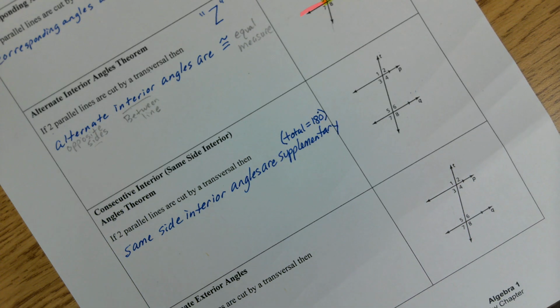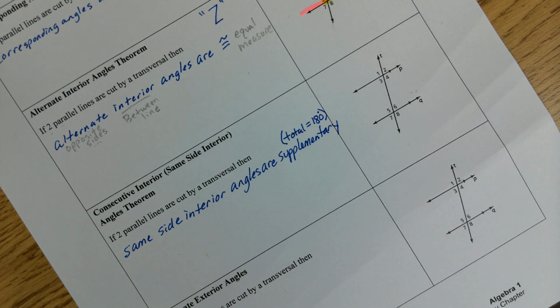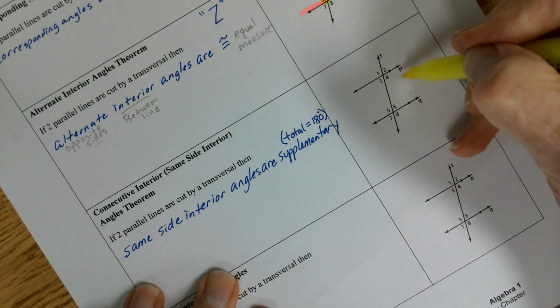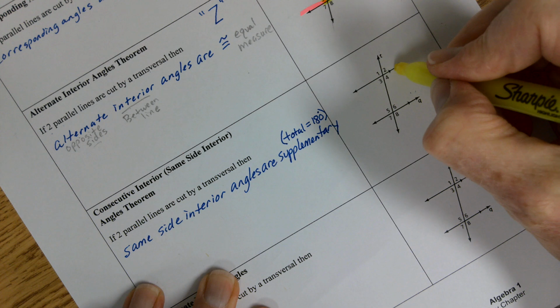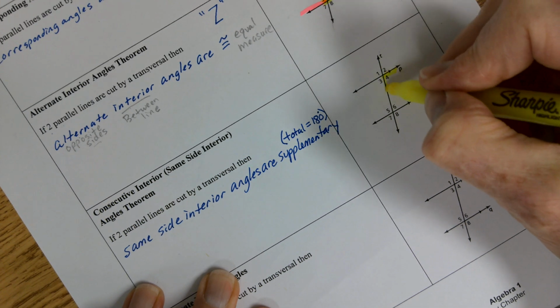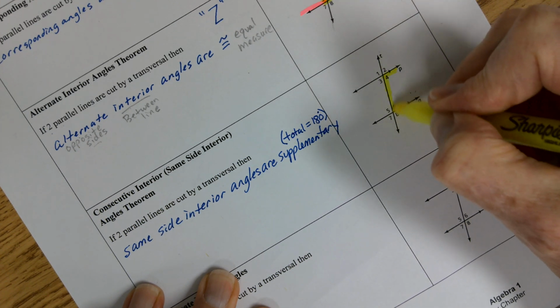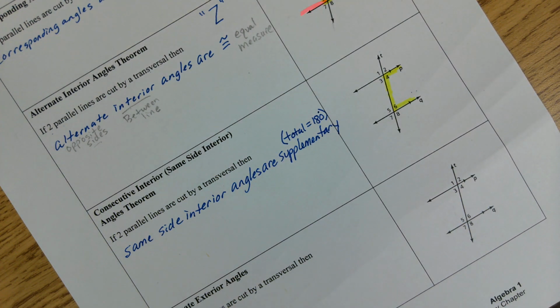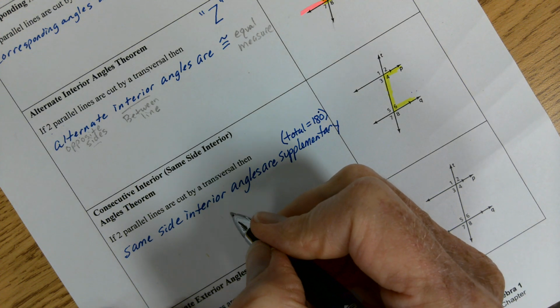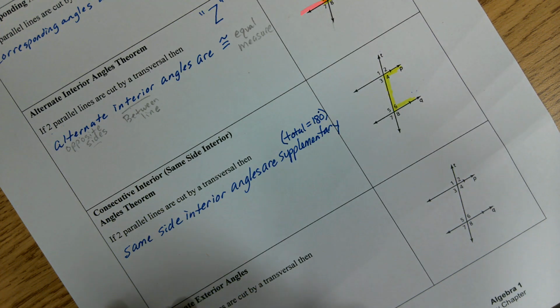I'm going to highlight my angles. So between the lines, same side of the transversal, same side interior. Angles 4 and 6 are same side interior angles. The equation on this, and we'll go back. Well, let's write it.